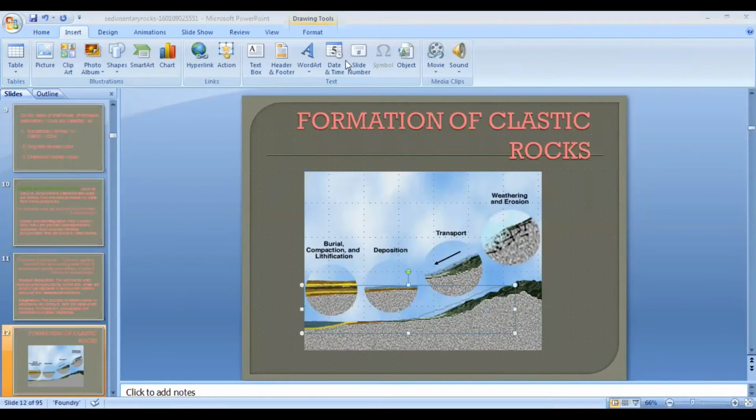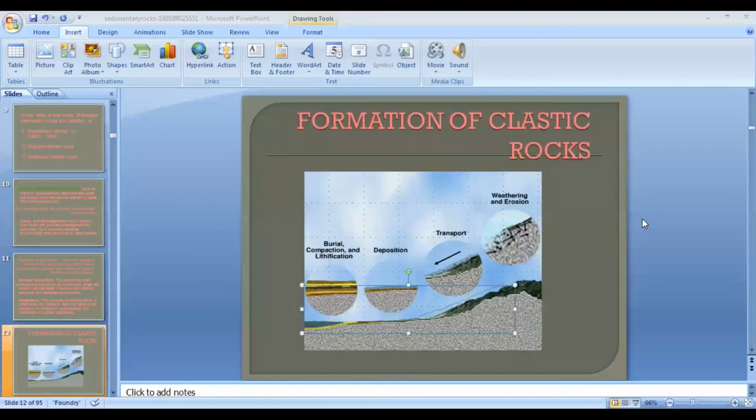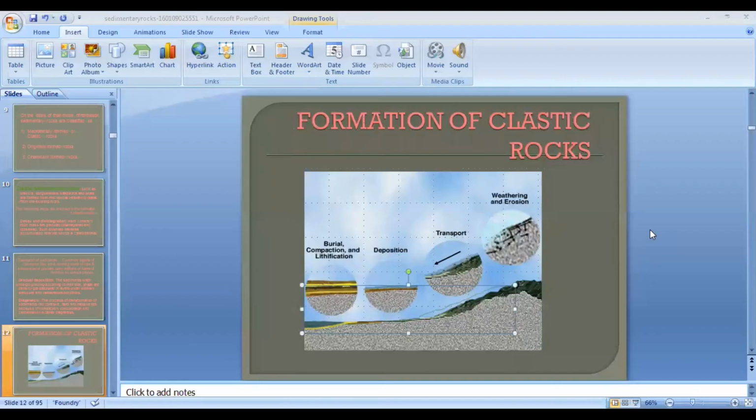So it indicates that the sedimentary rocks that are formed involves weathering, erosion, transportation, deposition, and burial, compaction, and lithification.